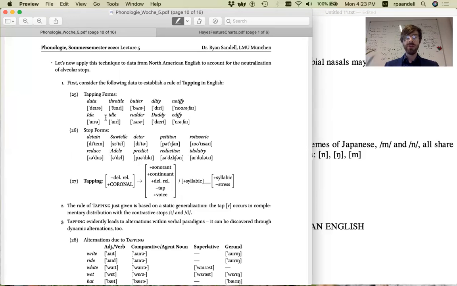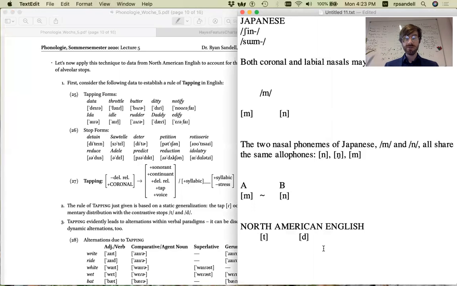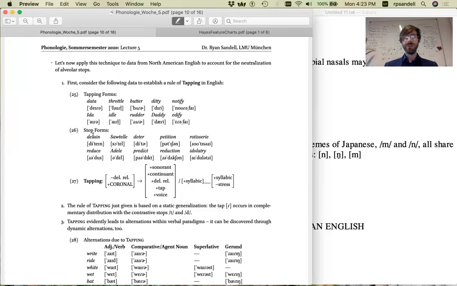The alternation, the fact that we find, so this in principle is not something you would want to do, but we can use the orthography of English as a bit of a shortcut here to say that places where native speakers use a t sign probably correspond to the underlying representation of that sound.